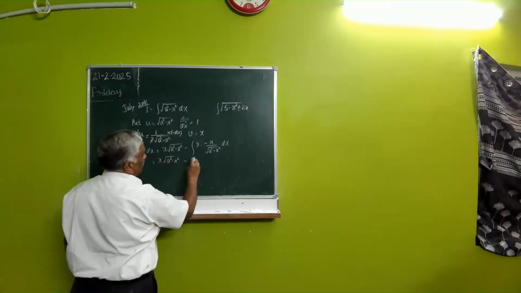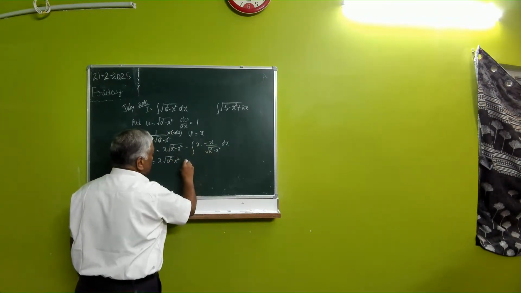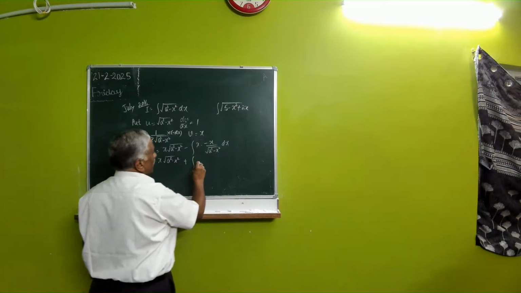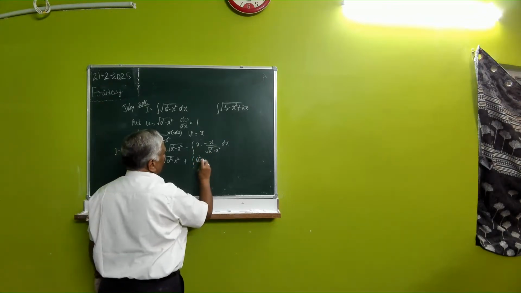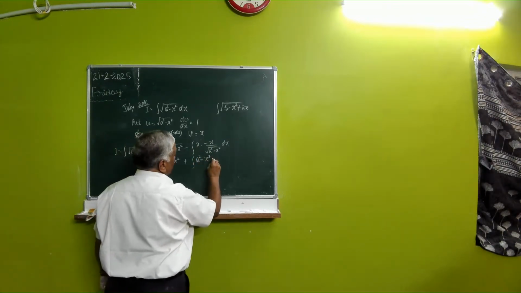Now this is minus into minus plus, it becomes x square over root of a square minus x square.